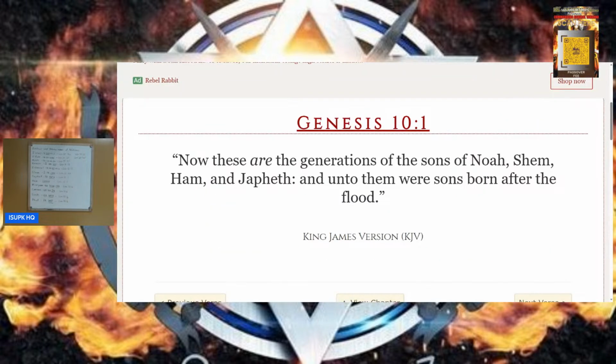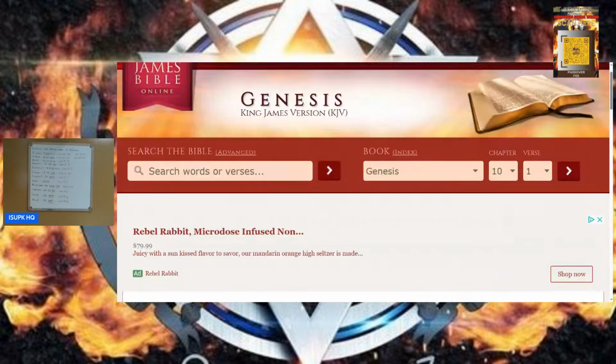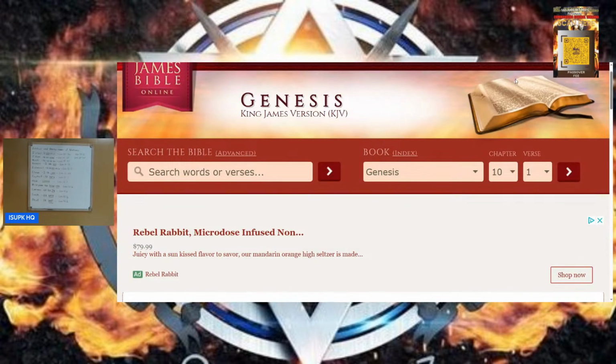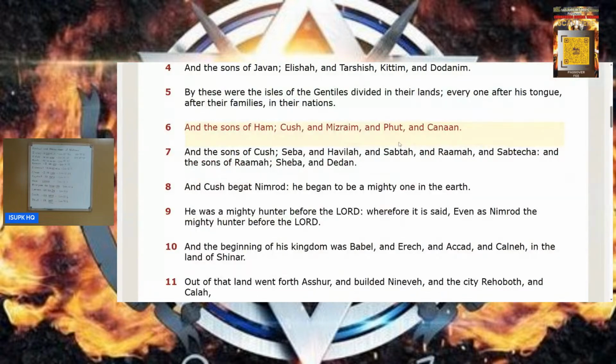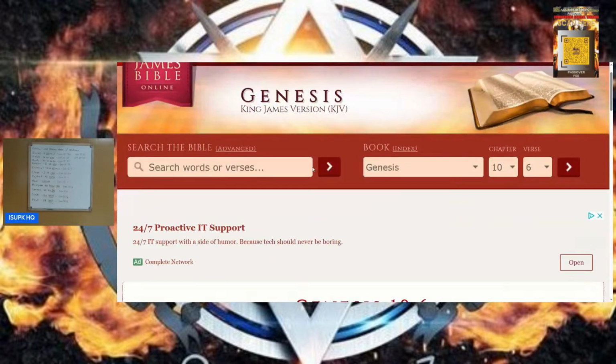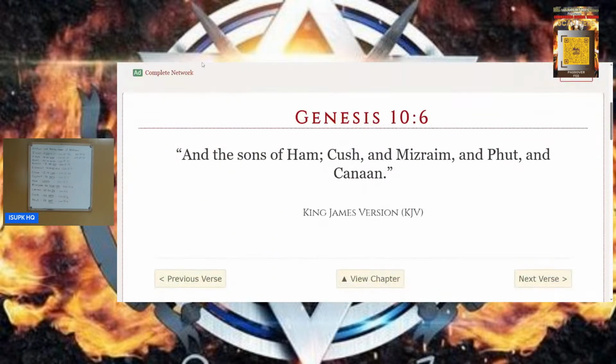Next, we're going to go to the last verse, and it'll contain the last three names. Genesis 10, verse 6. And the sons of Ham, Cush, Mizraim, and Phut, and Canaan.